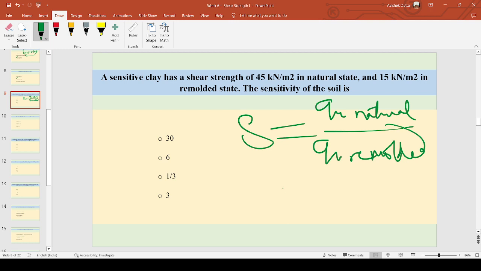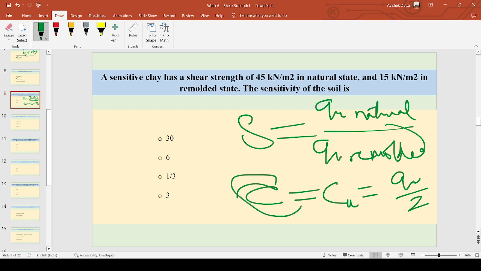But as we know, we can write the shear strength in the case of clay, it has no friction, that is equal to C in unconfined state, and C is equal to Cu by 2.